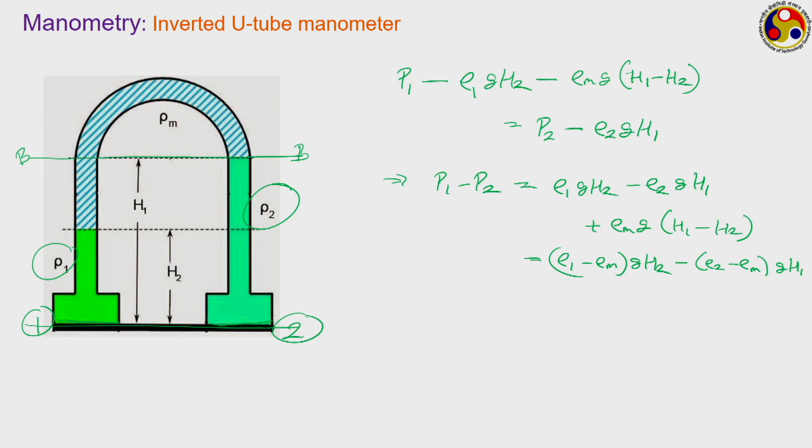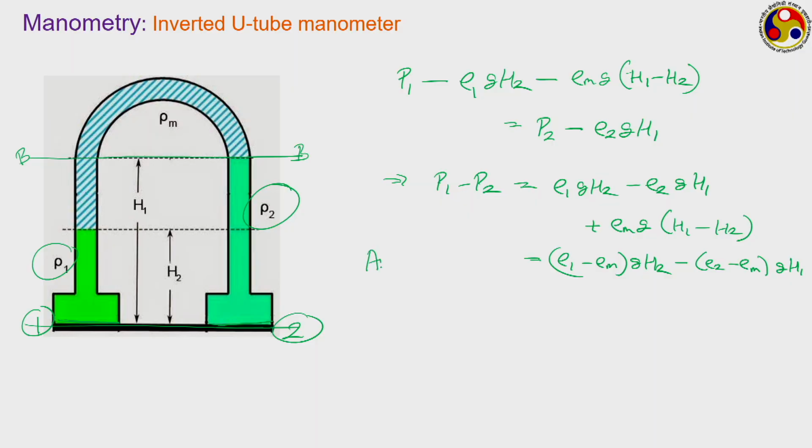Now, depending upon the values of rho 1, rho 2 and rho m, we can easily calculate the pressure difference between these two locations, despite the density of the manometric fluid being lower than the density of both the fluids involved. Quite often, inverted U-tube manometers use air as the manometric fluid, and then rho m is negligibly small compared to both rho 1 and rho 2 in most practical cases.